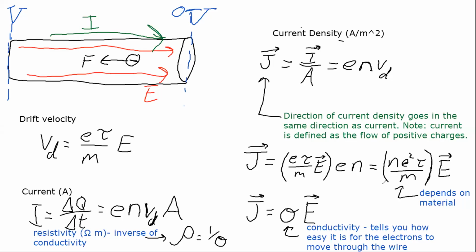All right, so we have this conductivity or resistivity, as we've been calling it. So now let's look at the wire again. I'm going to redraw this wire here. Do you guys see the whiteboard?